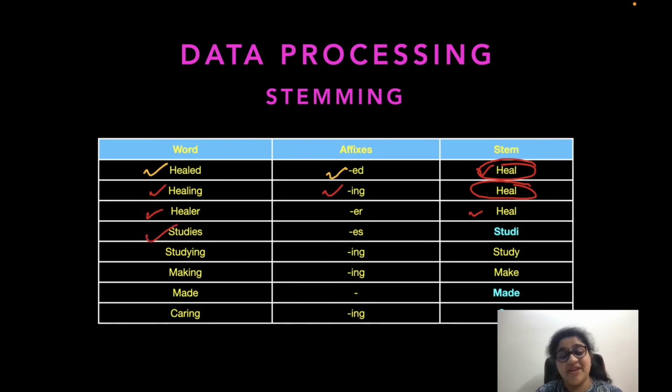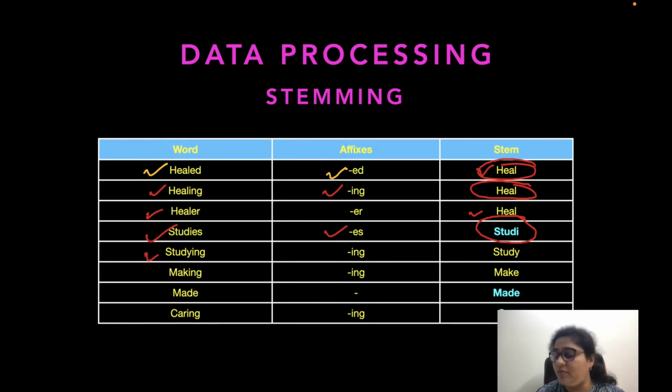Studies, the catch here. What is my affix? Es. What stem are we getting here? Studi, because it has just removed es, which is the affix. I'll come back to this point.